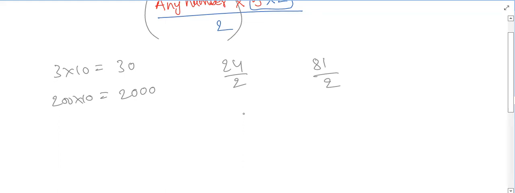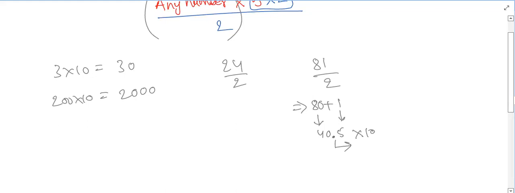Can I split this number like 80 plus 1? 80 half is 40. And 1 half is half. Nothing but 40.5.